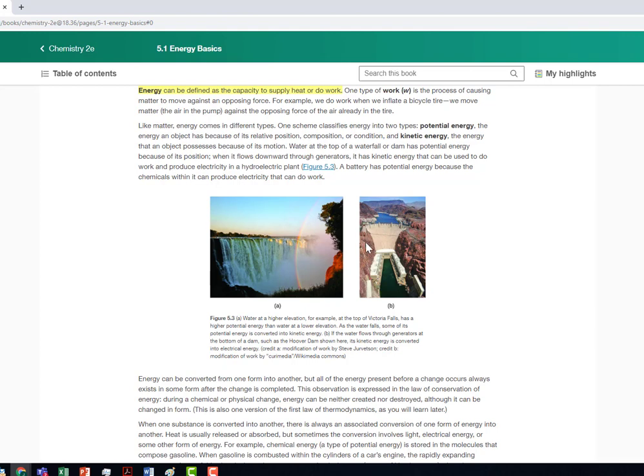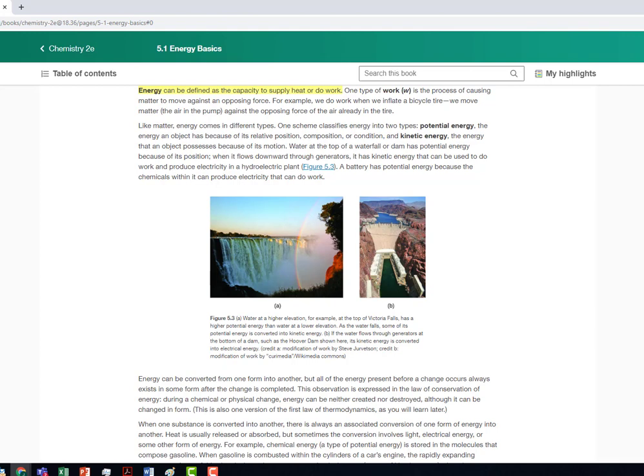Here we're showing a way that this type of energy is often harnessed with a dam. We have more potential energy up here than we do down here because of the change in elevation. But what happens in this case is that to get from here to here, the water is passed through a system that converts that energy into electrical energy, and that can be thought of as another source of energy that we are able to harness.